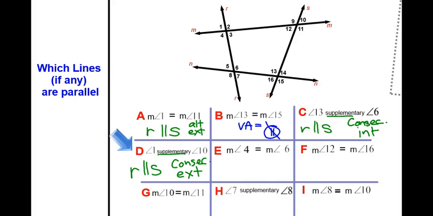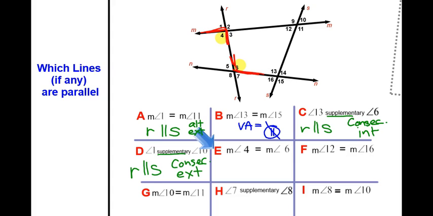All right, I've cleared up all my picture. Let's move on to E right here. Now they're talking about angle 4 and angle 6. So let's highlight 4, and then let's put that with 6, outlining our two angles that we have right there.